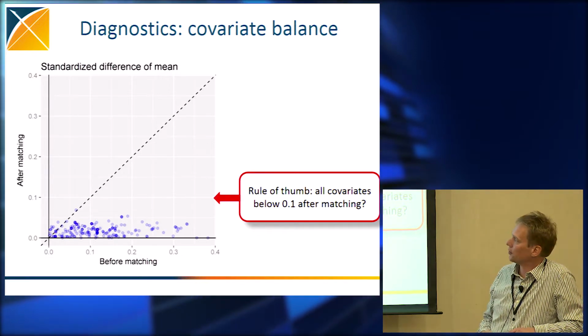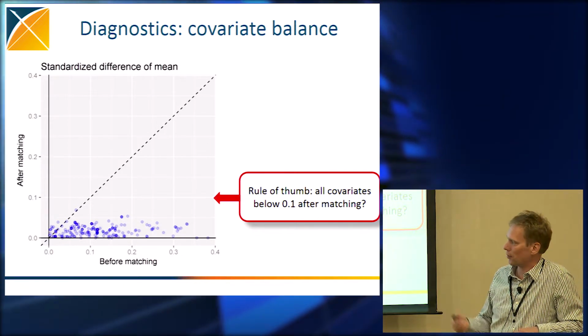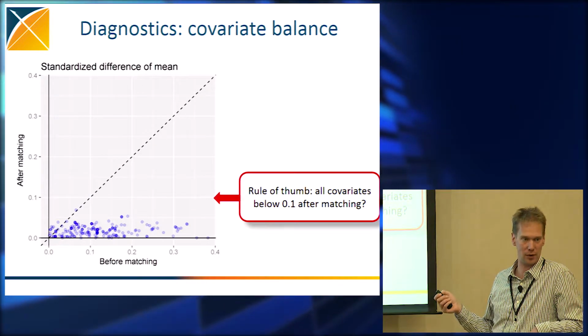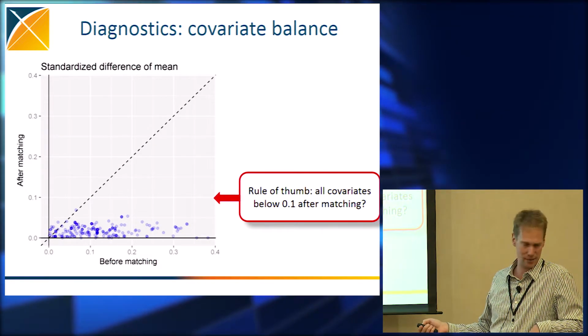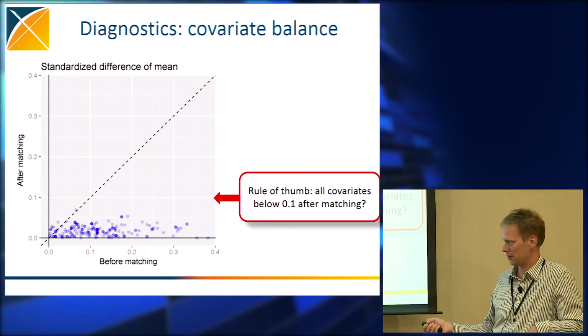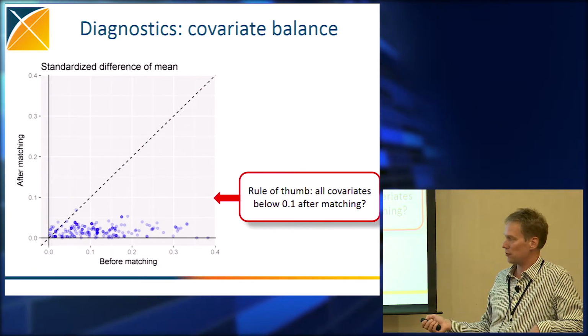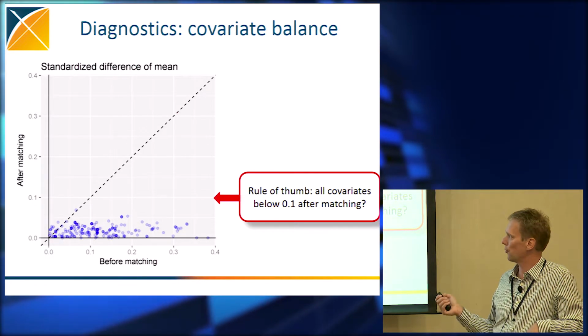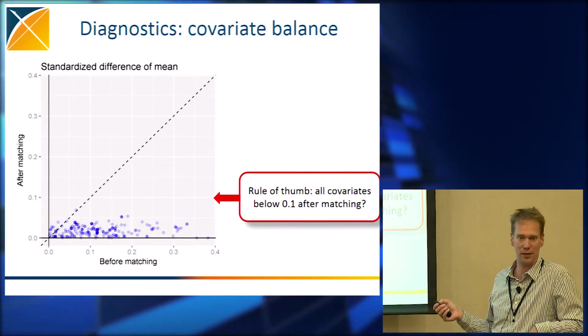All right, so another diagnostic automatically generated is this plot I already showed. This is the standardized difference of mean of all of the covariates that were included in the model. Every dot is a covariate, and on the x-axis is the standardized difference before matching, and here it's after matching. The usual rule of thumb is that everything below 0.1 we consider to be balanced.